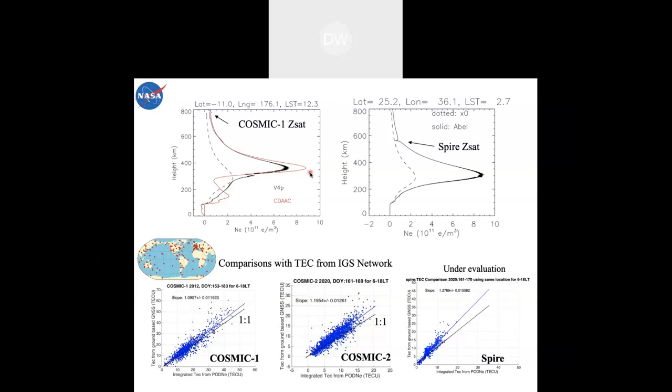We're using sequential estimation on that. We applied this for Spire, and you can see this altitude, the Spire satellite, this is a Cosmic 1 satellite. So we think Spire data is very useful for this ionosphere study. If you integrate the whole profile, you get total electron density. We did this quick comparison, and roughly they work pretty well.